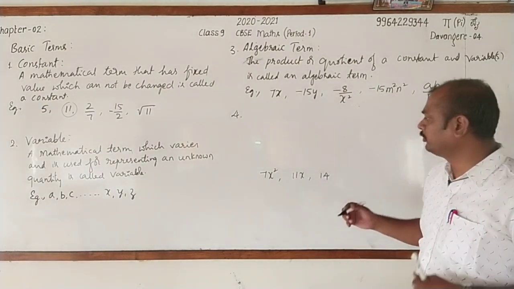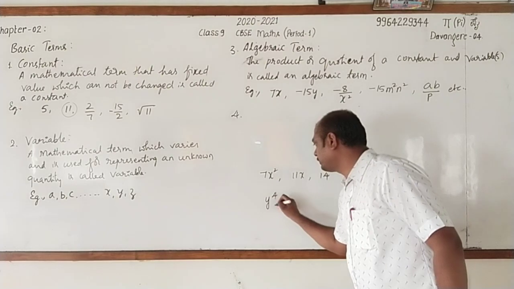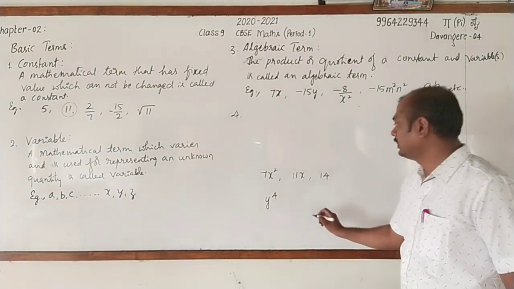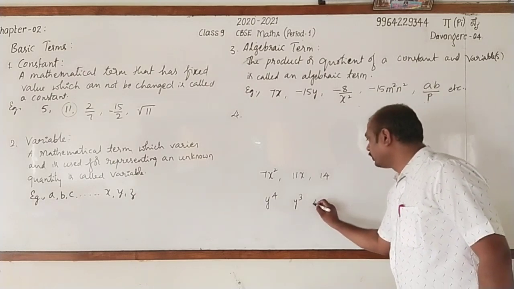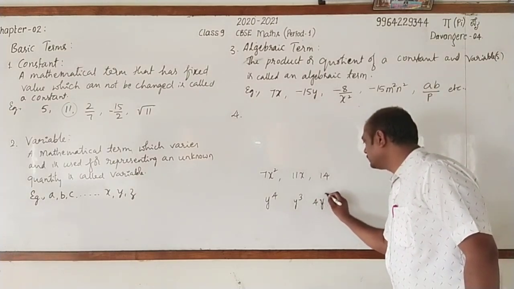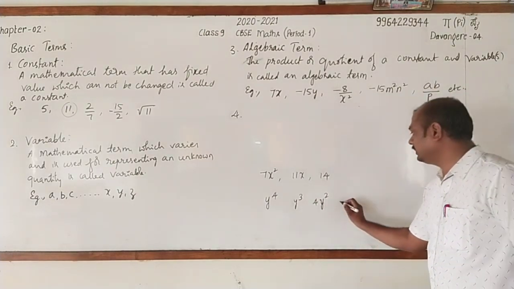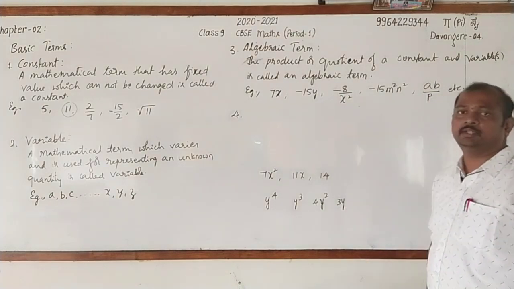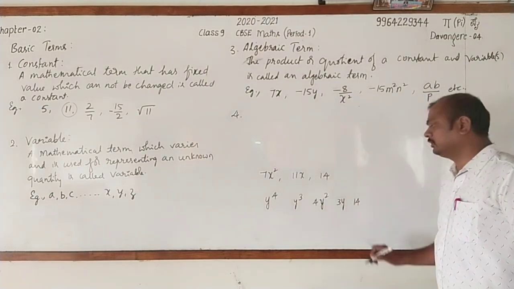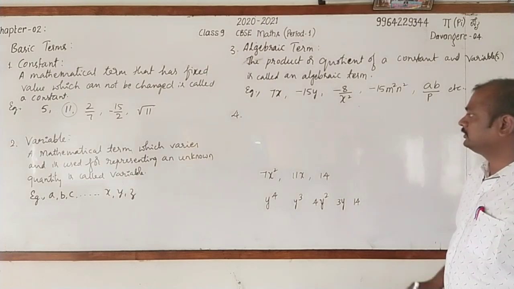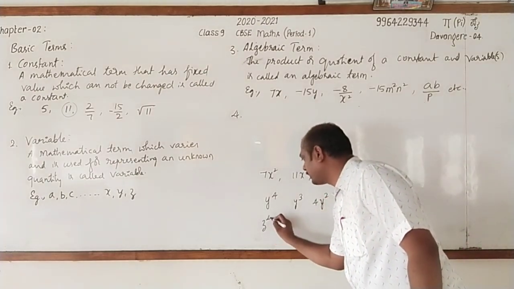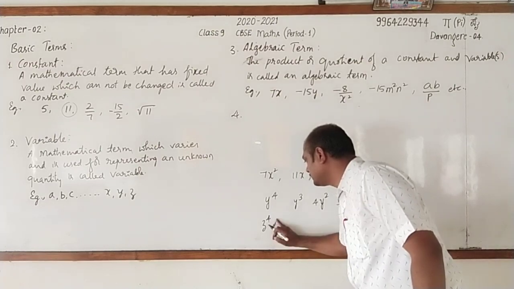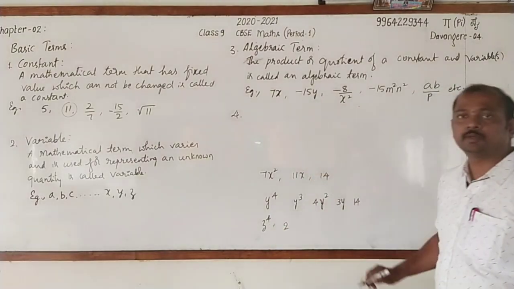I go for a few more. y raised to the power 4, y raised to the power 3, 4 into y raised to the power 2, then 3y and 14. Clear? Then again I take one more: z raised to the power 4 and 2. 2 terms are taken.